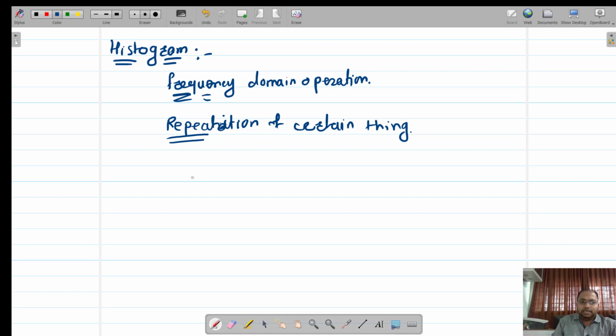Let us say I have an image A with the information 1 2 3, then 2 3 4 5 6 7, and one more column, 2 5 6.